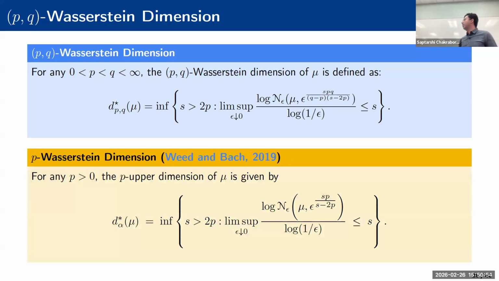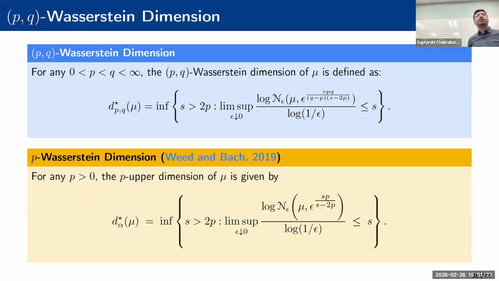And this is quite inspired by the P Wasserstein dimension, which was first proposed by Weed and Bach, where they characterized the Wasserstein dimension in this way. What we can show is that if you have a compactly supported data distribution, then the Wasserstein P distance between the true and the empirical distribution is controlled by this P Wasserstein dimension.